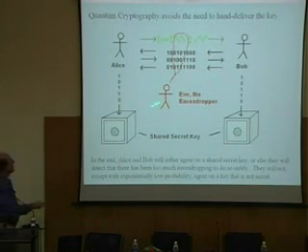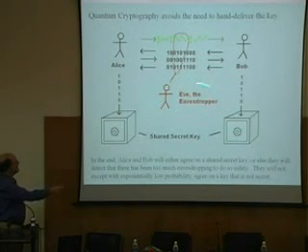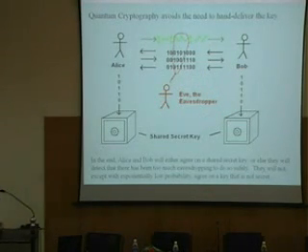And then Eve, the eavesdropper, is just a bad English pun. She's the enemy, and she has the power to listen to all of the classical messages between Alice and Bob, but not to change them. And of course, she can try to intercept these photons also, but if she does, she may alter them.